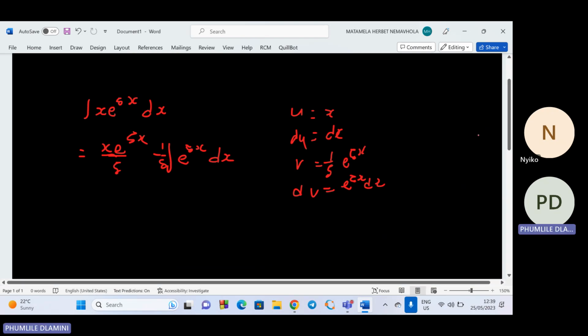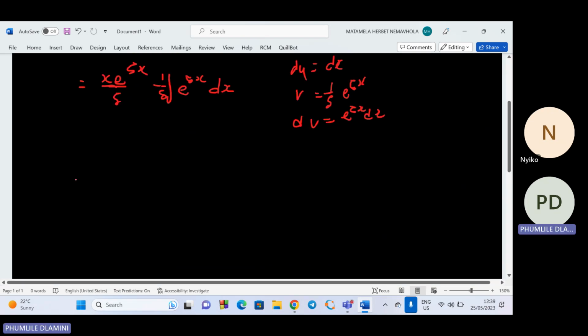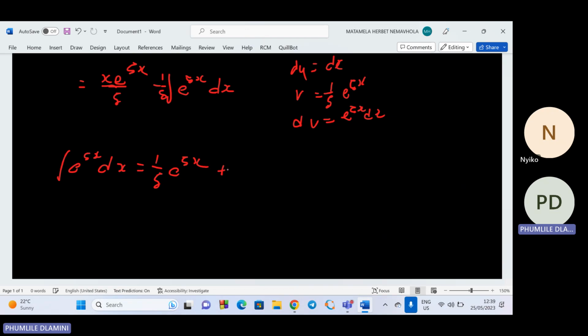Now the integral of e to the power 5x dx, we know the answer is going to be 1 over 5 e to the power 5x plus c. But if you don't know the answer, we go to substitution. We let u equal 5x.